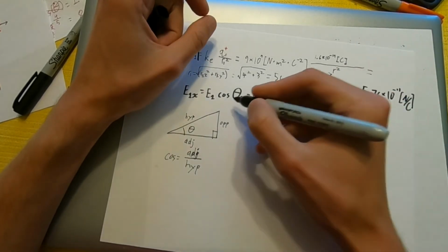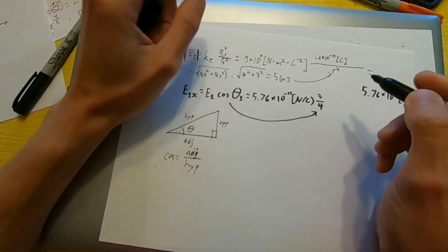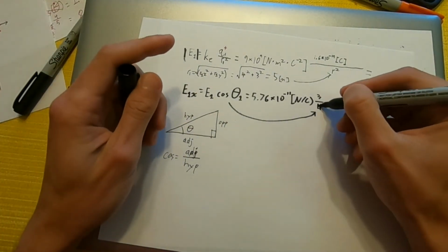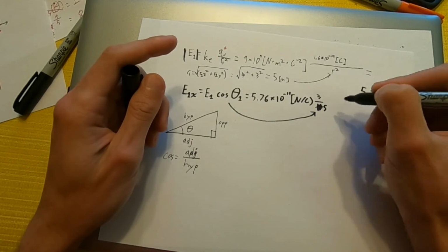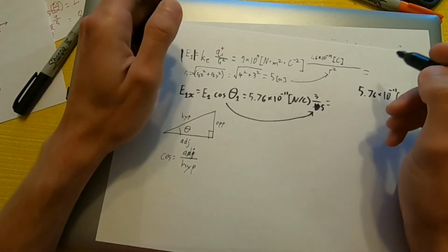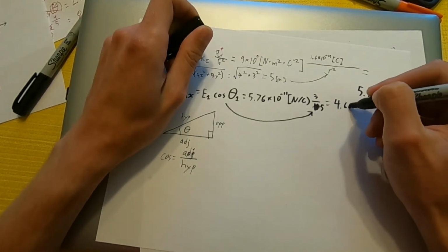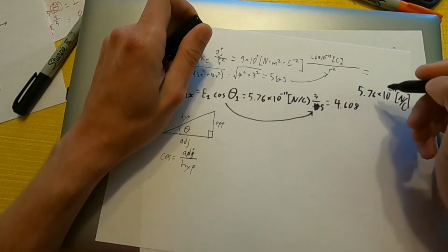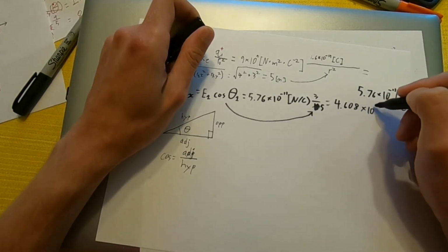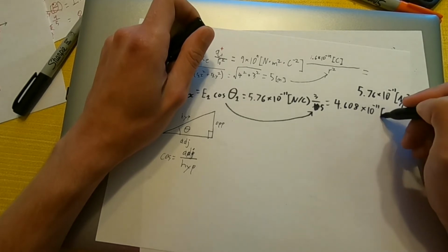This is what our cosine effectively is. Or not 3 divided by 4, 3 divided by 5. Okay, and that is going to be equal to 4.608 times 10 to the negative 11th newtons per coulomb.